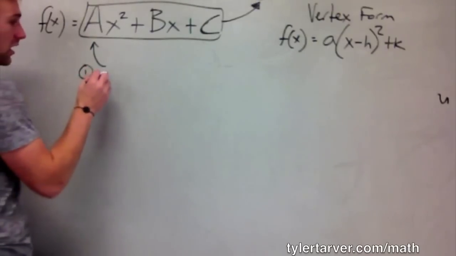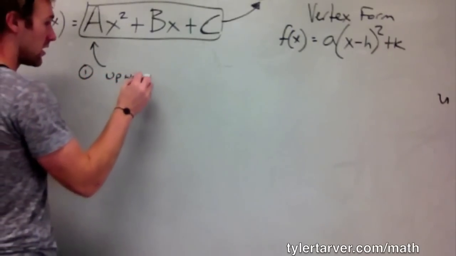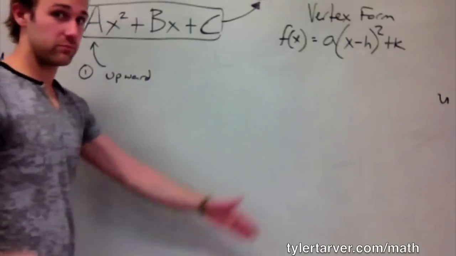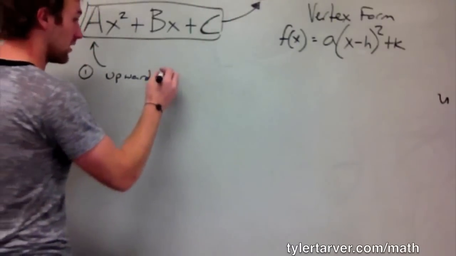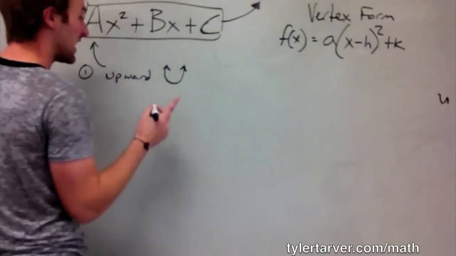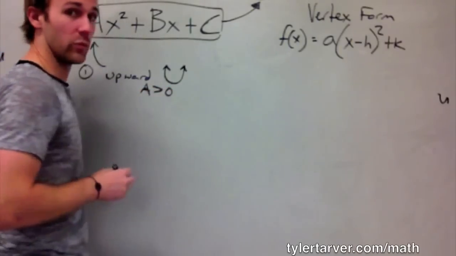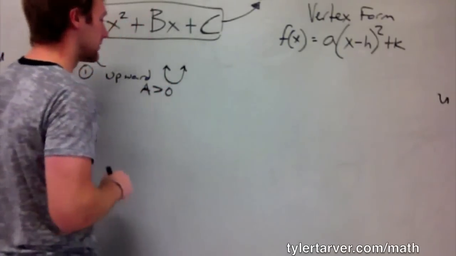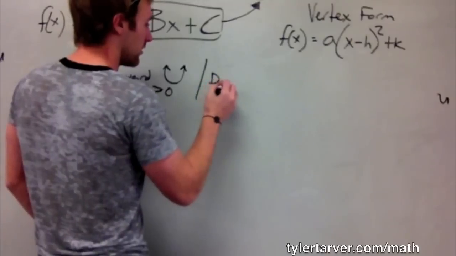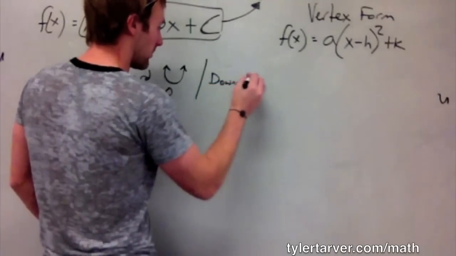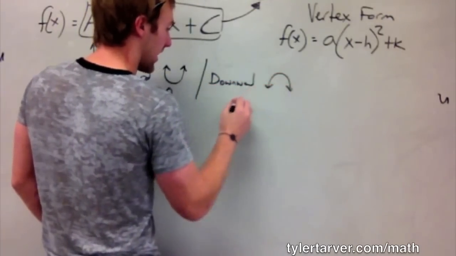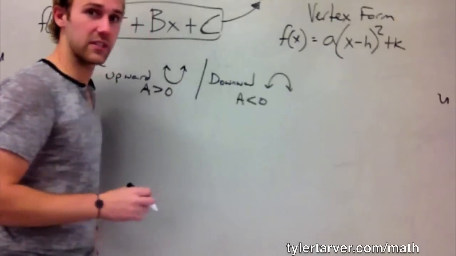It's an upward-facing parabola if a is greater than 0, which means it is positive. Downward, you can probably guess, if a is less than 0, which means it is negative.